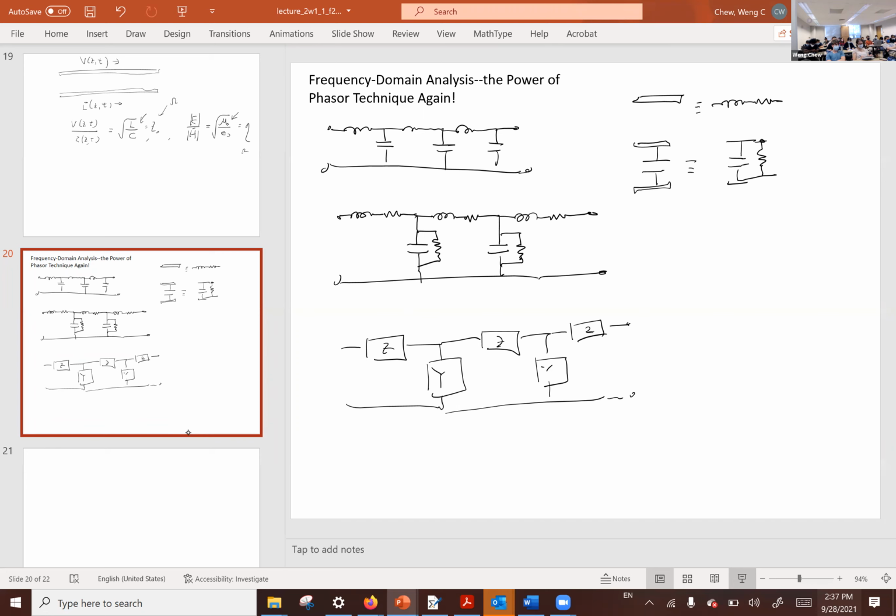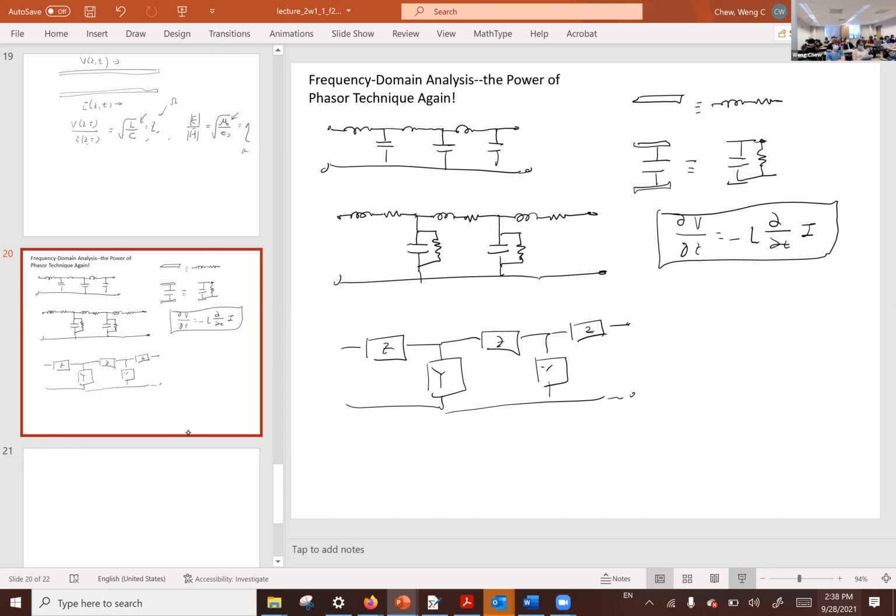Then we know that in the time domain, in the first one, we have dV/dz is minus L dI/dt. Before that, we have this equation. This was the Kirchhoff equation, one of them without loss.